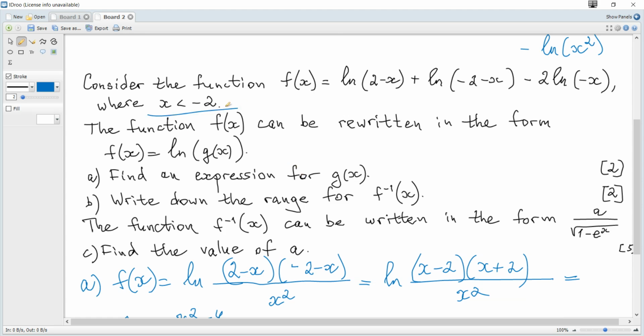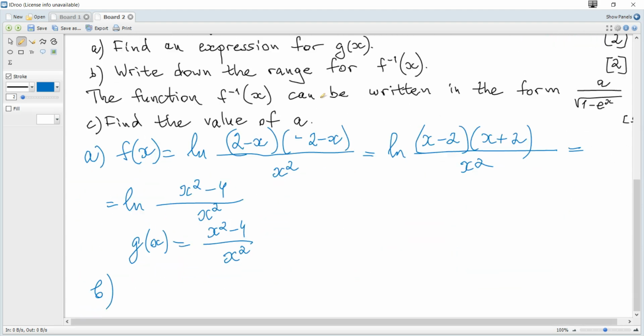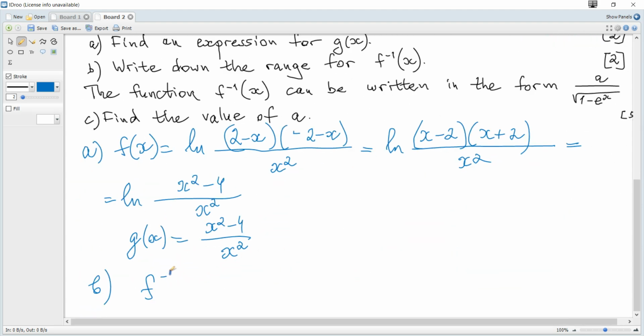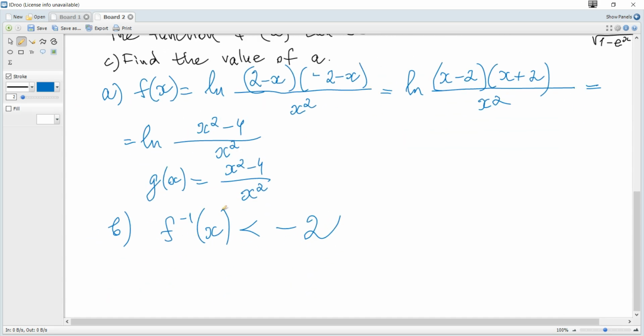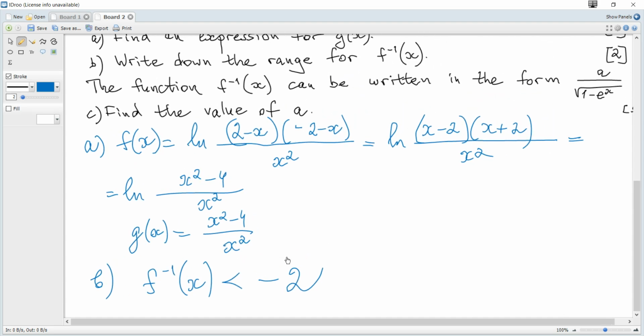And the domain of the function is x is less than negative 2. It becomes the range for the inverse. So the range for the inverse is, so the values of the inverse function are less than negative 2. Possible y values of the inverse are less than negative 2.